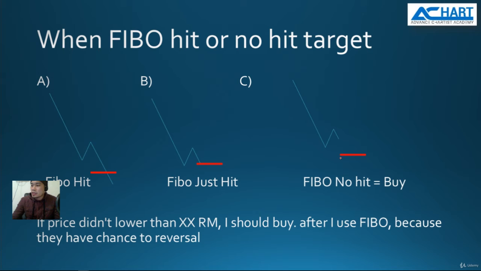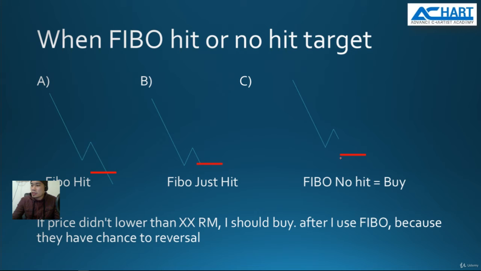Now if we measure up and we hit our target, and if we measure our Fibonacci target down and it also hits our target, what I mean by this is that if it goes up and hits the target, and we measure the target down and it hits the target, that means it will go sideways in the future.